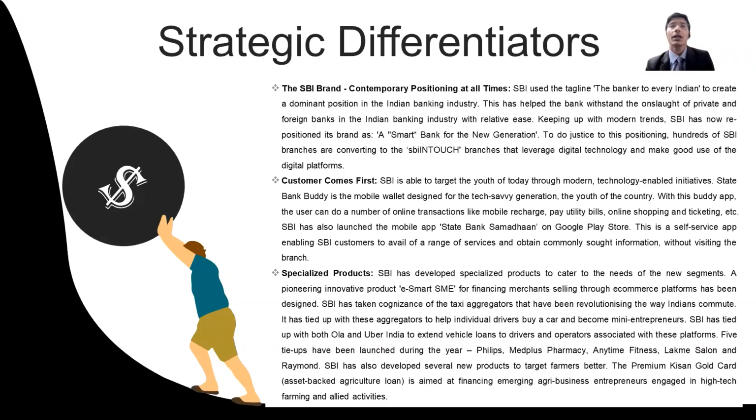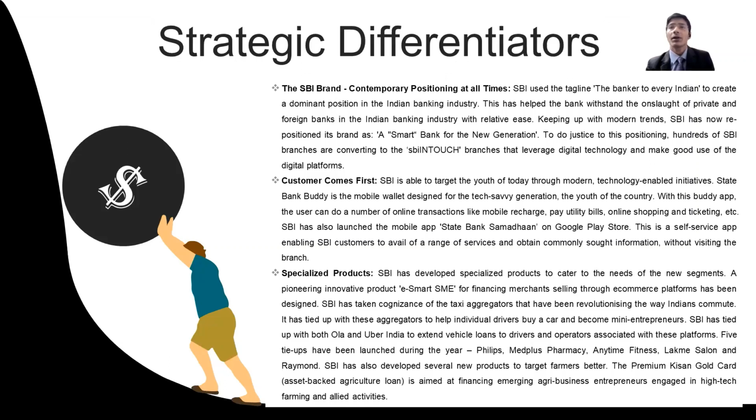Now, coming to the strategic differentiators that have helped in the growth of the SBI. First is the SBI brand, a contemporary positioning at all times. SBI used the tagline, the banker to every Indian, to create a dominant position in the Indian banking industry. This has helped the bank withstand the onslaught of private and foreign banks with relative ease.